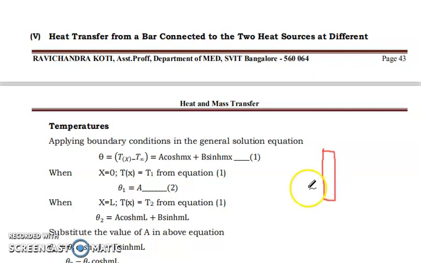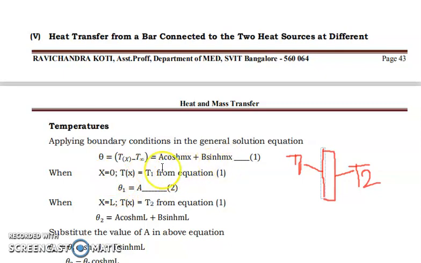At the end of this side and this side, the temperature is maintained. Suppose this side is maintained at temperature T1 and this side is maintained at temperature T2. So here T1 and T2. So this is our fifth boundary condition.